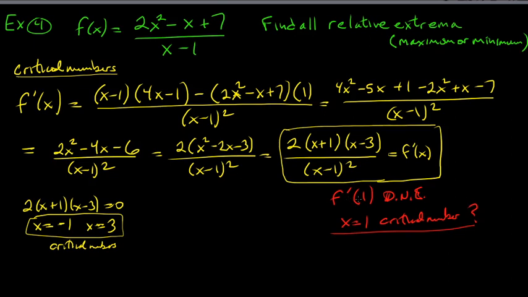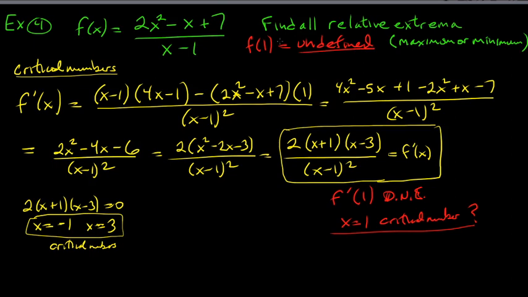Why not, right? The derivative does not exist at 1. And that's part of what a critical number is. But remember, a critical number has to be part of the graph of the function. So if you go back to the original function, if you plug in 1 there, you're still going to be dividing by 0. F of 1 is undefined.